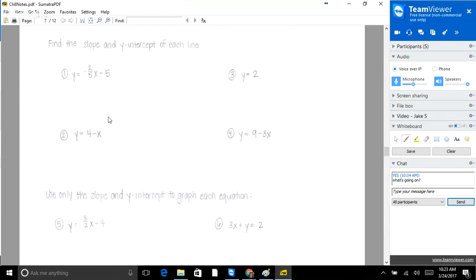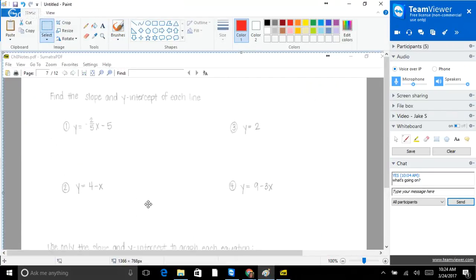I don't remember if we did or not. Okay, so if I have y equals negative 2/5 x minus 5, is this the standard slope-intercept form that I was talking about that we have to have? Okay, well, the answer is yes.